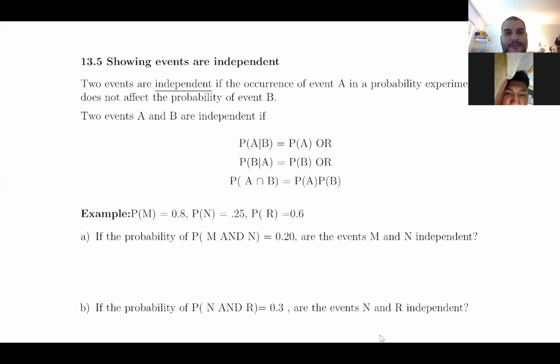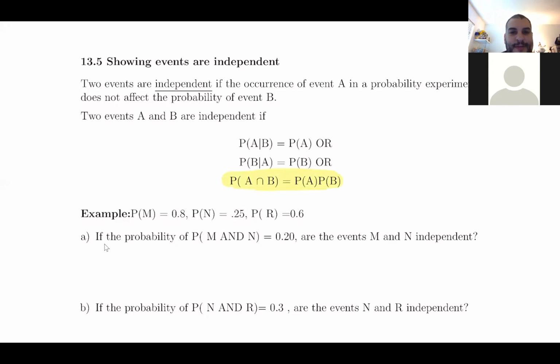All right. So for this one, we're going to have three formulas, but pretty much we're just going to use this formula over here. If you remember, we just went over the multiplication rule.